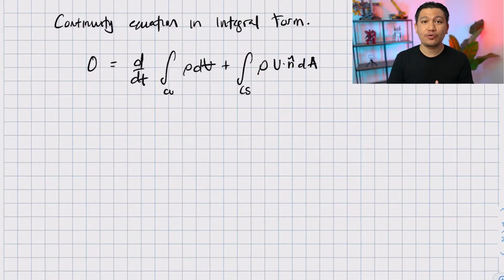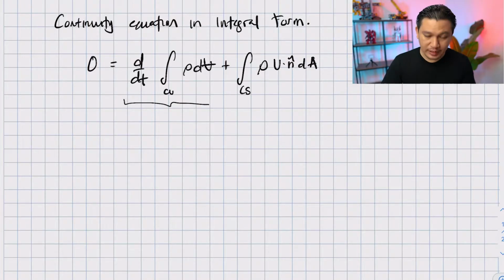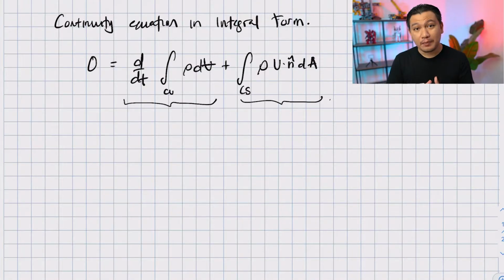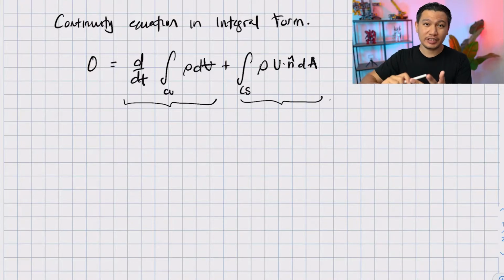Basically, this equation tells you that in a control volume, the change of mass inside that control volume plus the mass that goes into and exits the control volume through the control surface, the summation of that is equal to 0. Which means that the flow that goes into the control volume minus the flow that goes out, plus whatever changes inside the control volume, everything is going to equal 0.